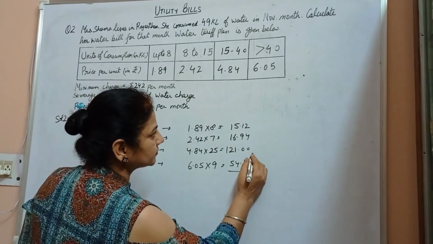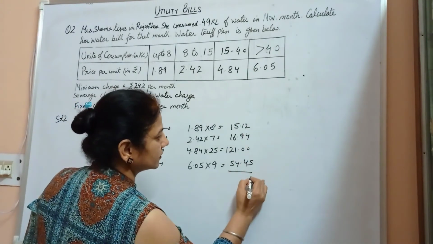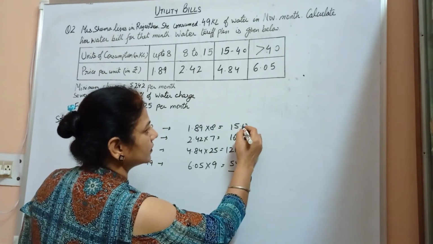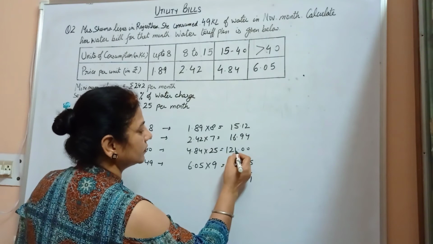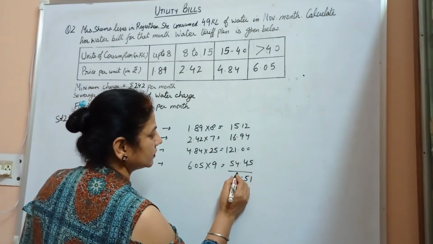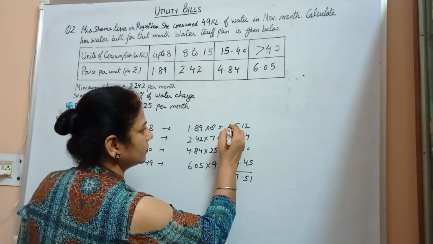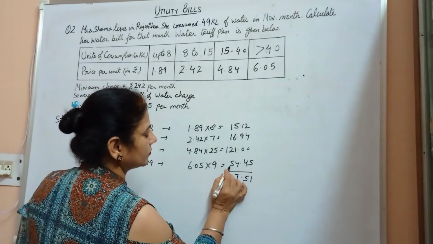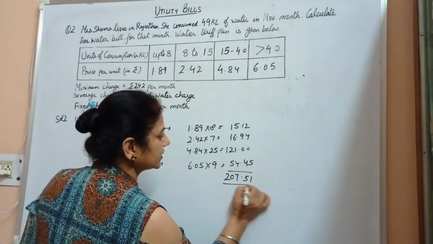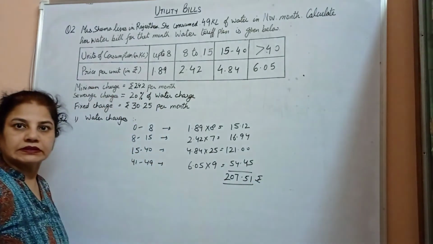Add all this, and we get 207 rupees 51 paisa.